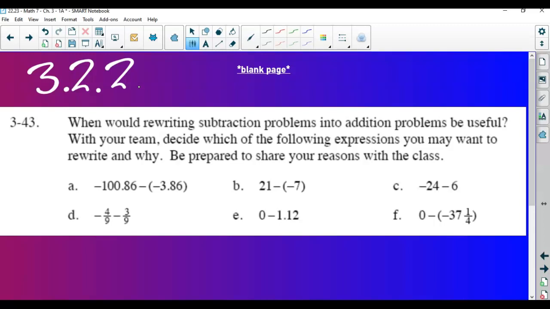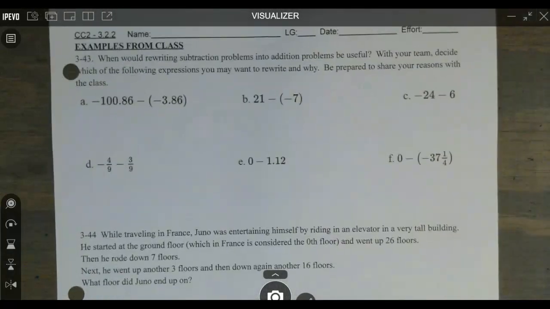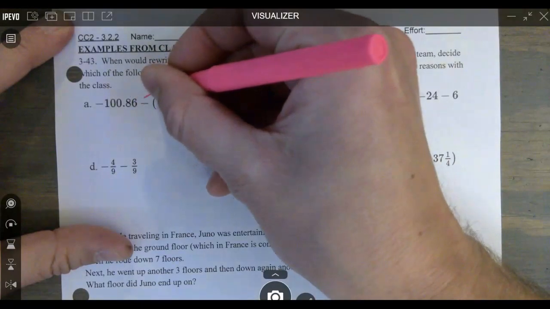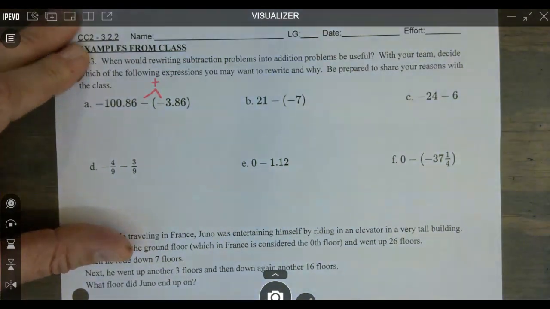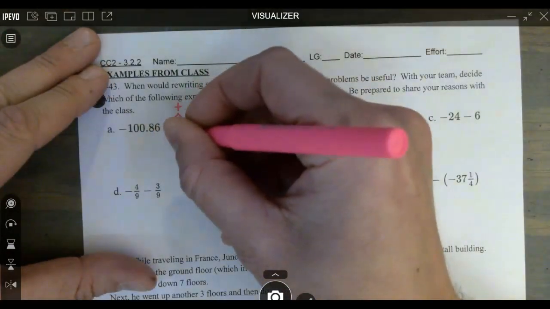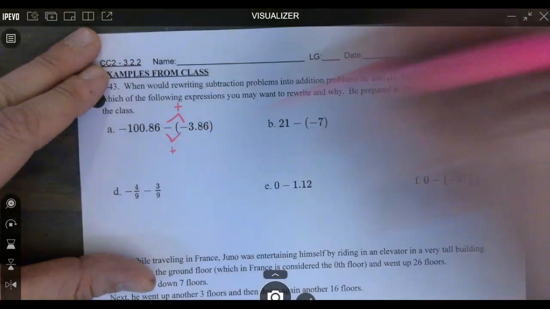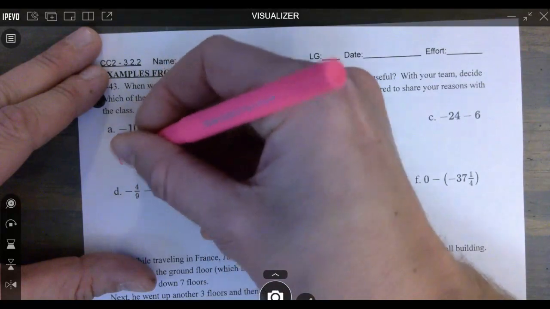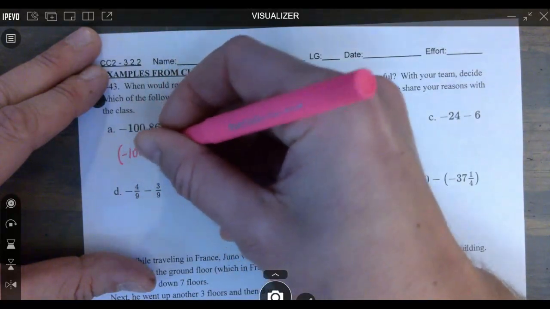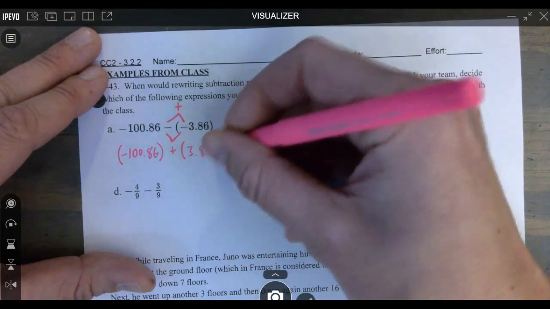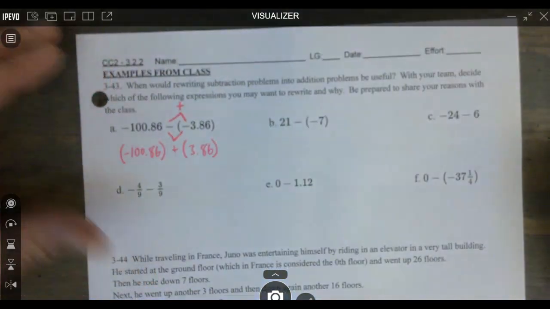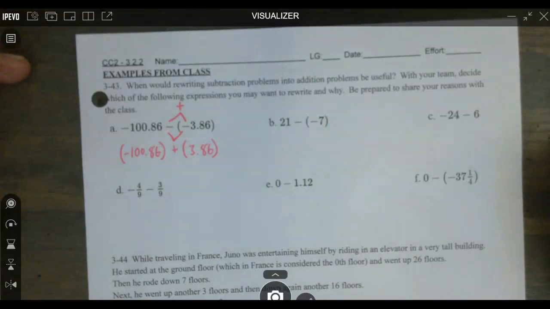On our papers, what we should be drawing to remind us when we go to do this work on our homework is that minus a negative is actually going to become plus a positive. So you can draw that down below, which especially helps if you're going to rewrite the work. And then who's going to win, the positive or the negative?